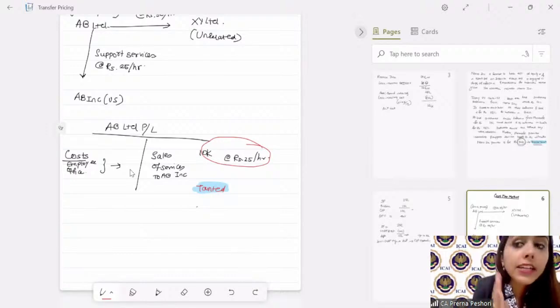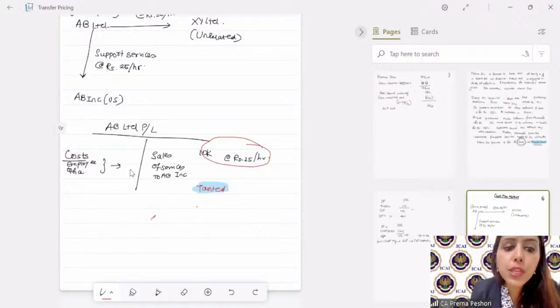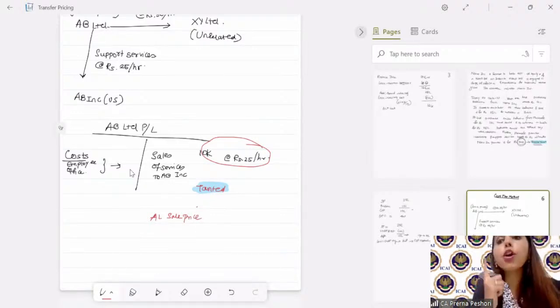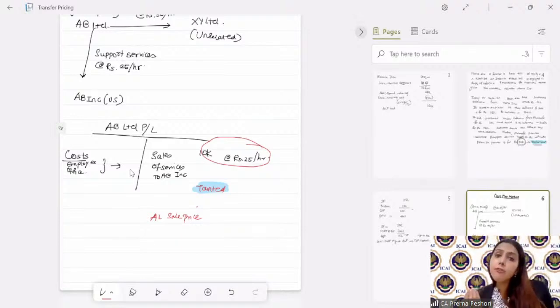So what I need to now find out is what should be the arm's length sale price. In the RPM, what were we doing? In the RPM, we were purchasing from the related party.